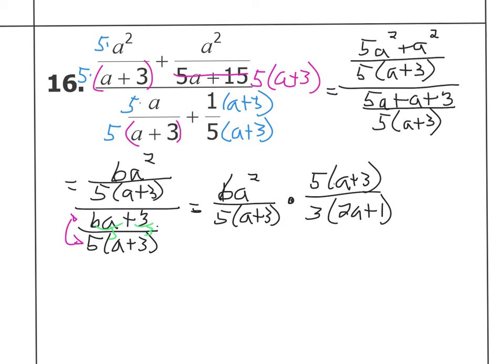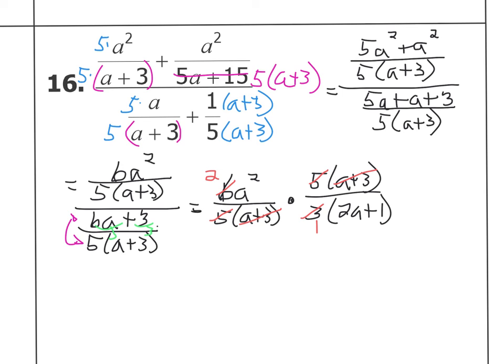I can cancel the a plus 3 with the a plus 3 because they're diagonal. I can cancel this 5 with that 5. They're diagonal. I can reduce the 6 and the 3 by dividing both of them by 3. So 3 divided by 3 is 1. 6 divided by 3 is 2. I don't have anything to cancel the a squared with or the 2a plus 1.